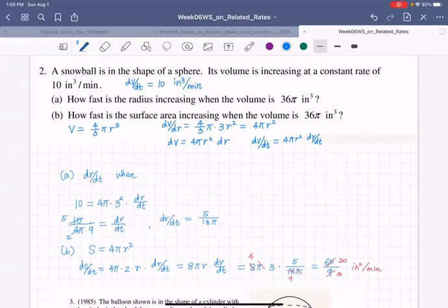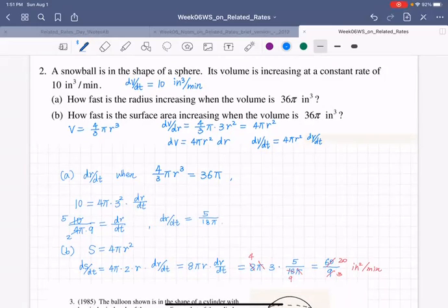So when the volume is 36 pi, it's also equal to 4 over 3 pi r cubed.